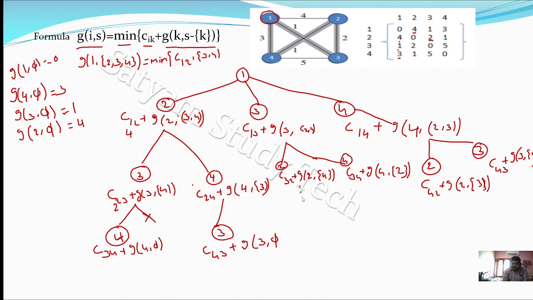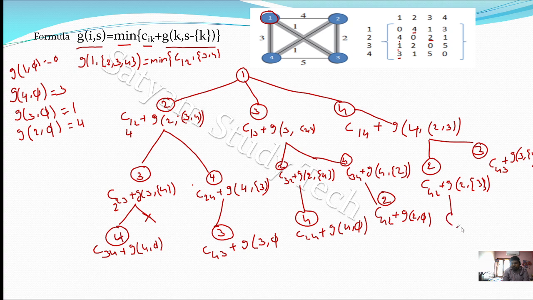Here also you can see, here it is 4, that is 2 to 4, C of 2 to 4 plus G of 4 comma pi. And also here the remaining unvisited vertex is 2, so that is 4 to 2, C of 4 to 2 plus G of 2 comma pi.